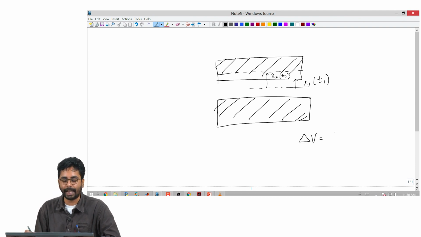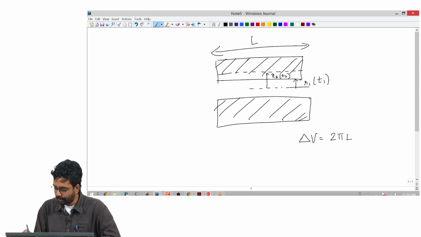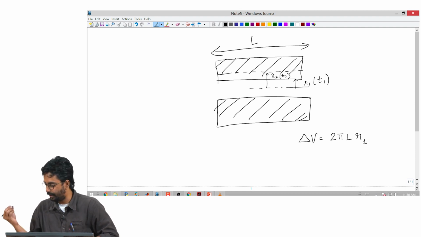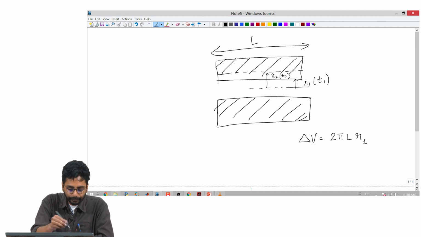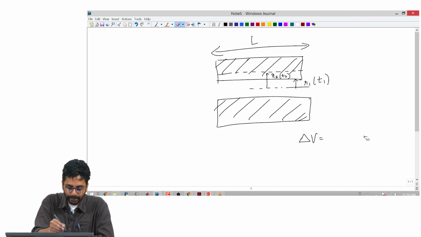is the volume at time t2, which is, let us say the length is L, 2 pi L r, I am sorry, this is the volume, not the surface area.